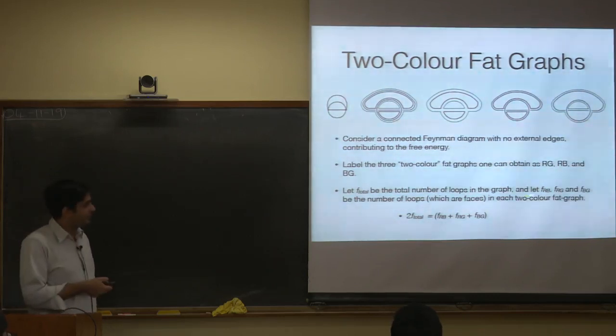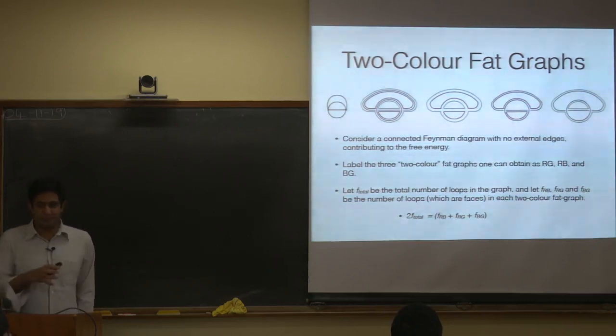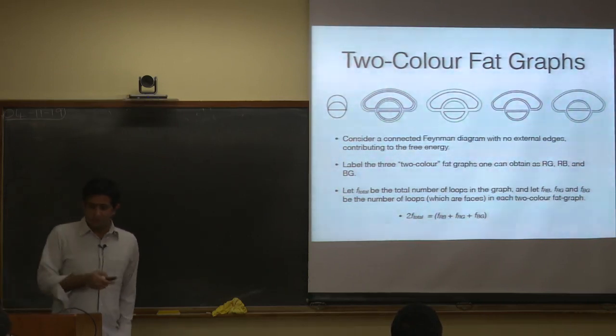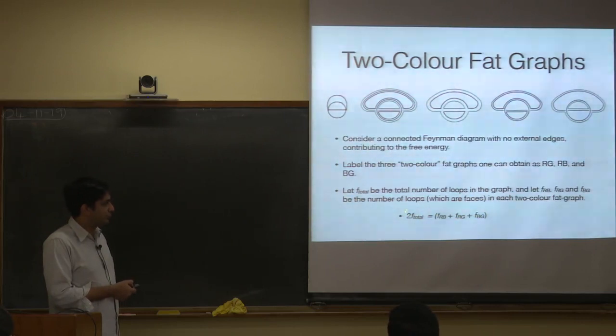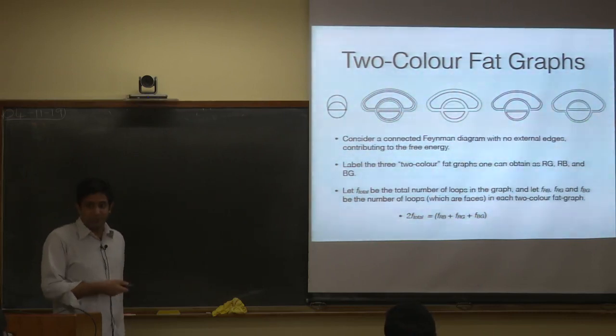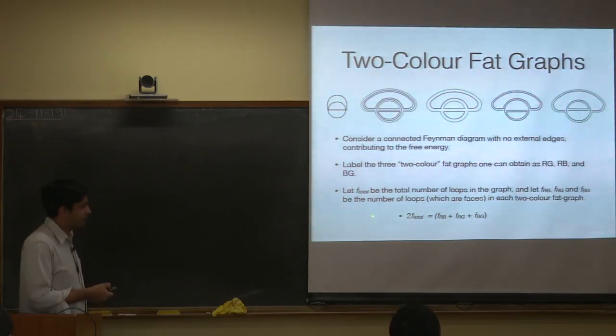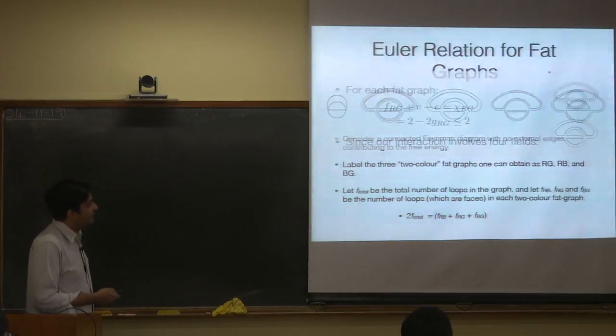And let F_RB, F_RG, and F_BG be the number of loops in each two-color fat graph. So if you add these all up, you'll get the number of red loops times 2 plus the number of blue loops times 2 plus the number of green loops times 2, which is 2 times the total number of loops. So we have this first relation, which tells you the power of n.